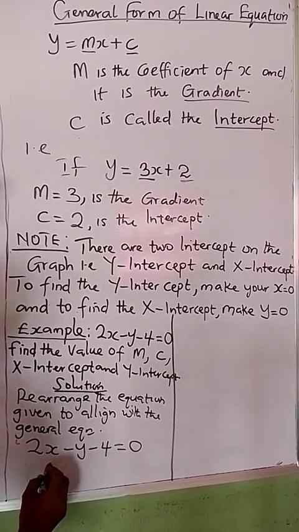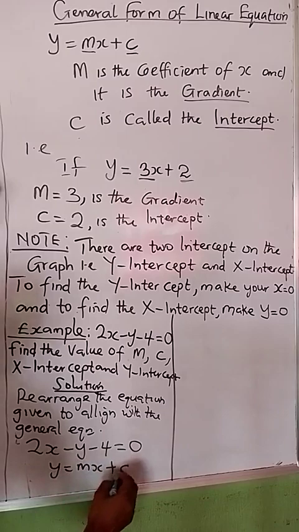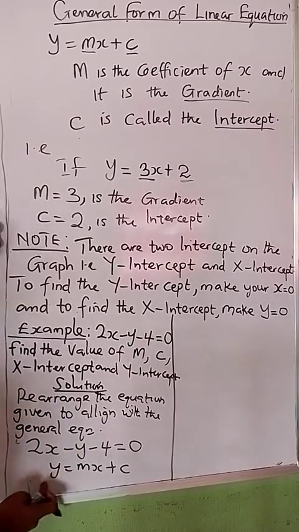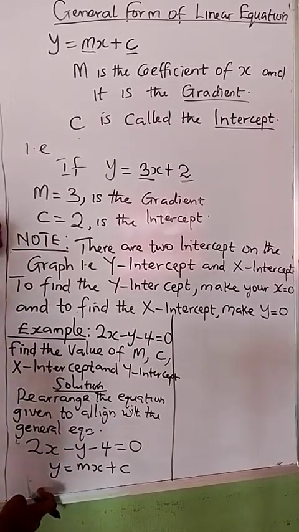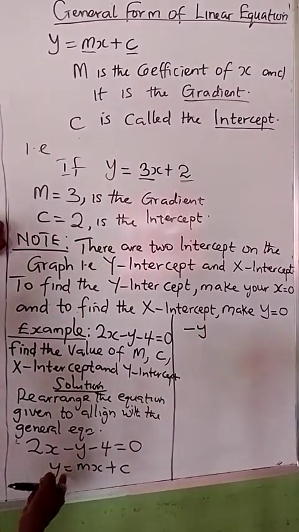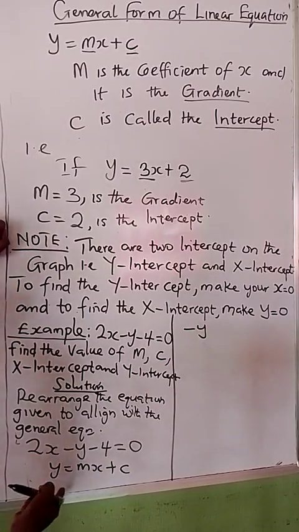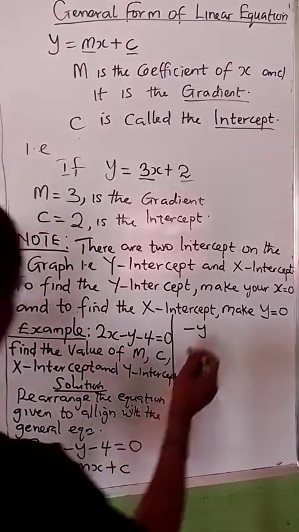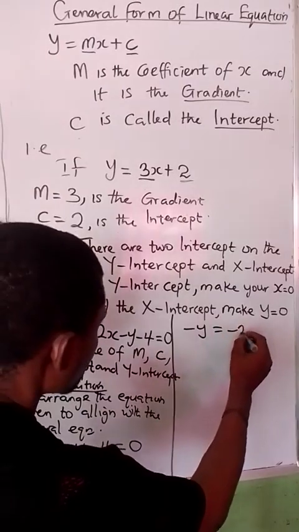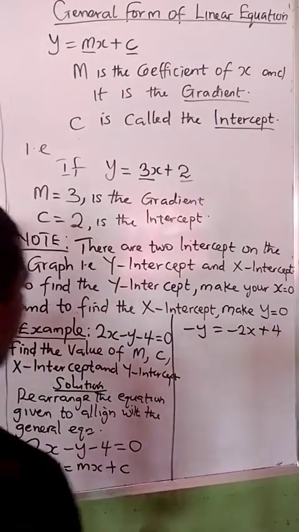Remember, the general form of the equation is y equals mx plus c. So how do we make our y stay here? You're going to have minus y equals, so 2x will come here to change to minus 2x, and minus 4 will change to plus 4.